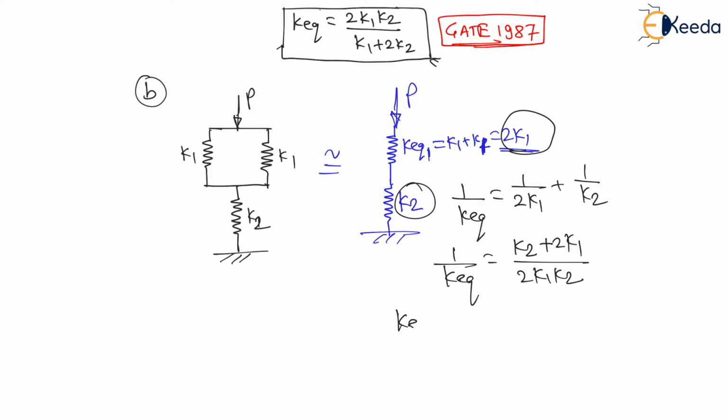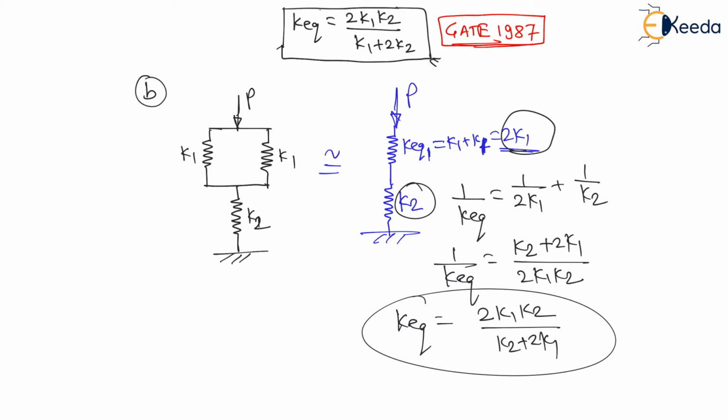Therefore k equivalent will become the reciprocal, 2k1 k2 divided by k2 plus 2k1. This is the k equivalent. Again check this with the given option. In the numerator it is 2k1 k2, but in the denominator the option has k1 plus 2k2, while here it is k2 plus 2k1. Therefore again we will say option B is a wrong choice.